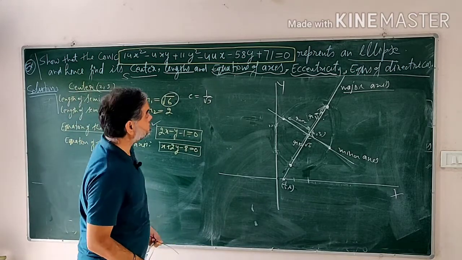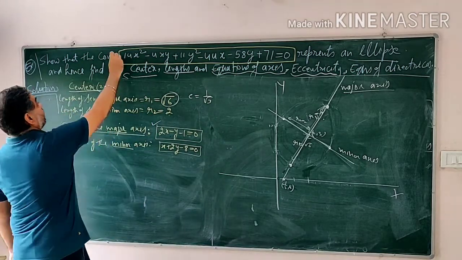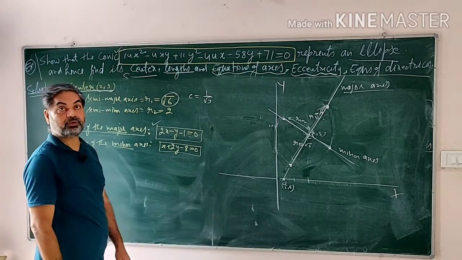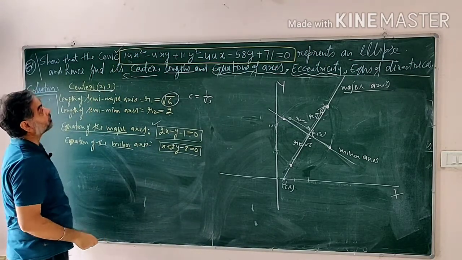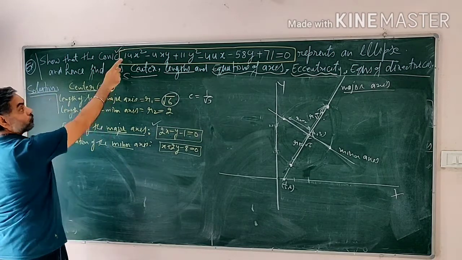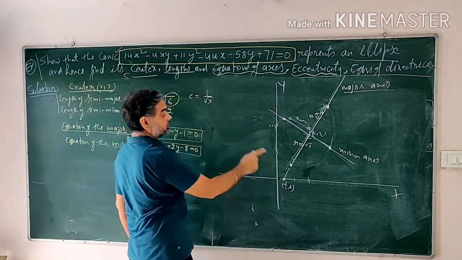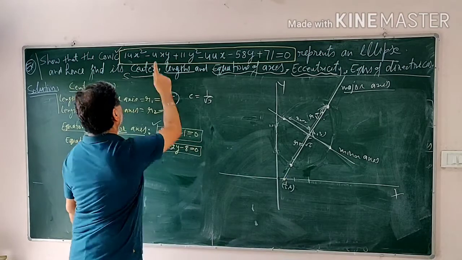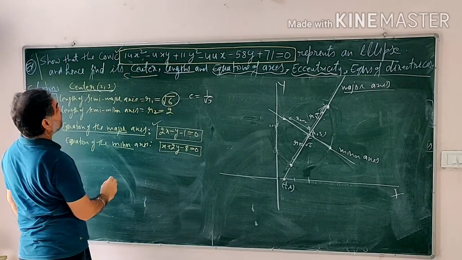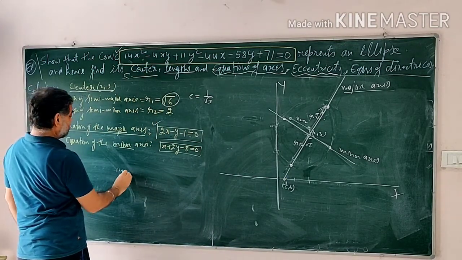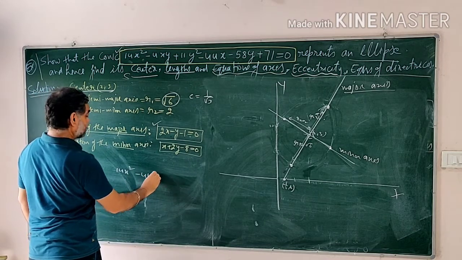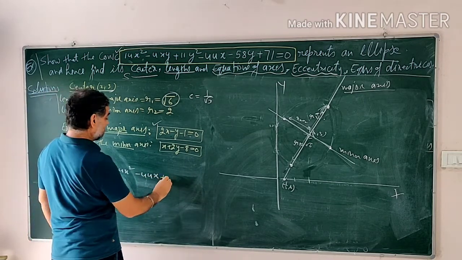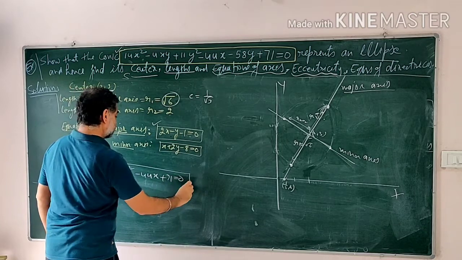And now we will also see where this ellipse cuts the x-axis and y-axis. To find the point where this ellipse cuts the x-axis, put y equal to 0. By putting y equal to 0 here, the equation is 14x square minus 44x plus 71 equal to 0.